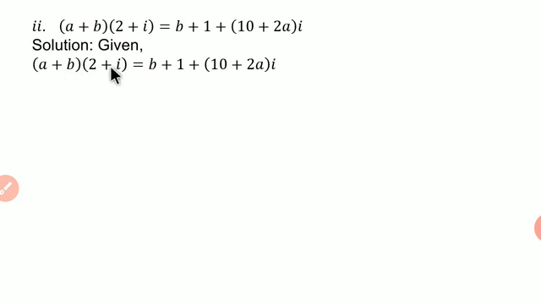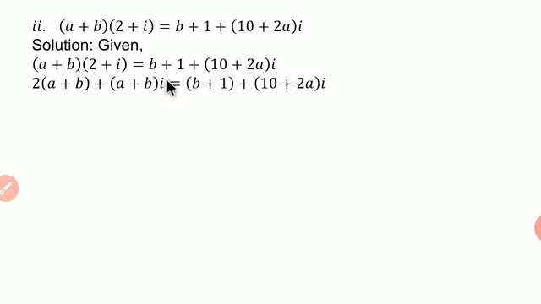Means we write the LHS as a complex number. So here we get 2 into A plus B plus A plus B into I is equal to, here the real part in RHS is B plus 1, and the imaginary part is 10 plus 2A. So B plus 1 plus 10 plus 2A into I.